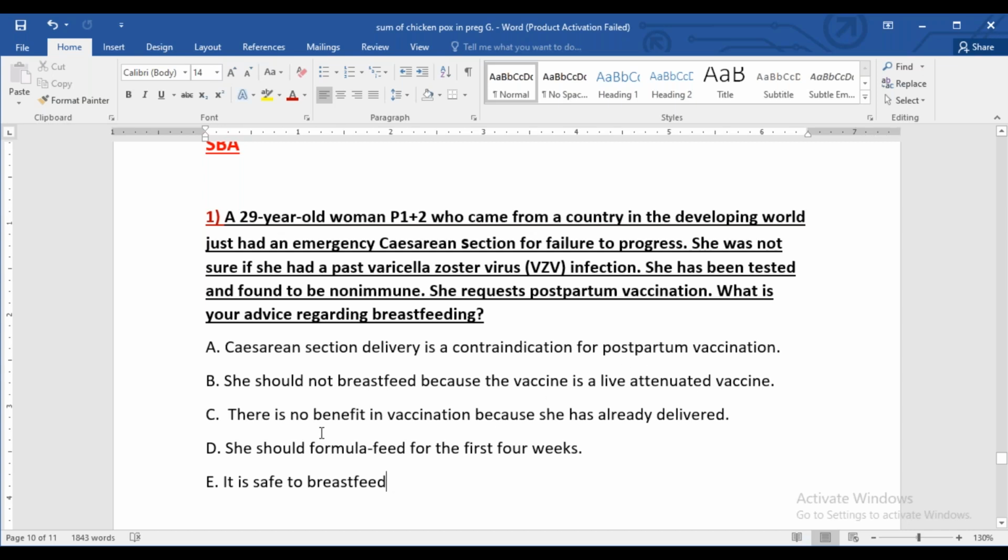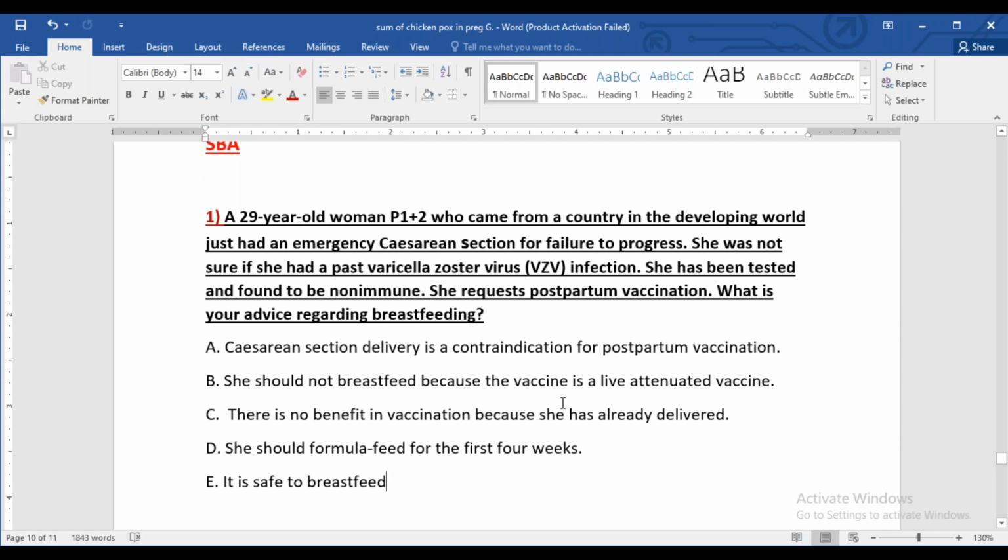I have stated this clearly that the varicella zoster vaccine is not a contraindication for breastfeeding. It's completely safe to continue breastfeeding after she took her vaccination.